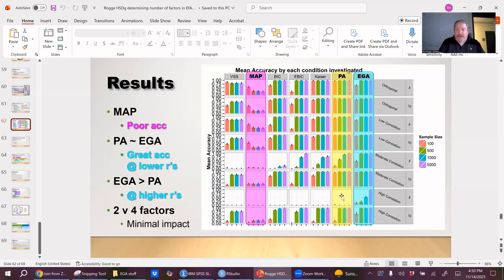We're pretty much right in this cell, which is why parallel analysis was not doing very well. Fair enough? The EGA still struggles in there, but at least it's one of the only ones that has a decent chance of coming up with the right number of factors when you only have 5 items per factor. Does it make sense?